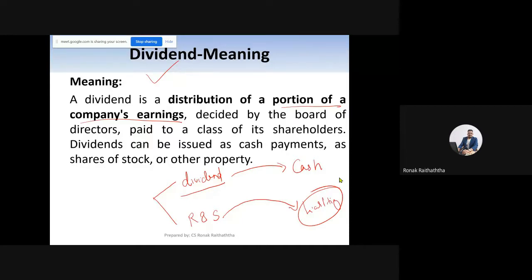And if you are unable to satisfy their expectations in terms of dividend, it may have repercussions. Expectations of shareholders will not be satisfied, and the company may face problems in terms of a reduction in the market prices of the shares.